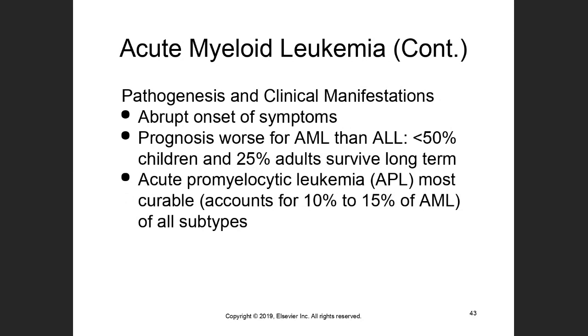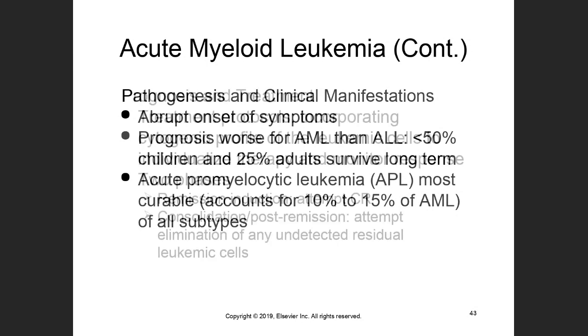We have abrupt onset of symptoms, prognosis worse for AML than ALL. And this is another type, acute promyelocytic leukemia. It is the most curable of the acute myelocytic leukemias.